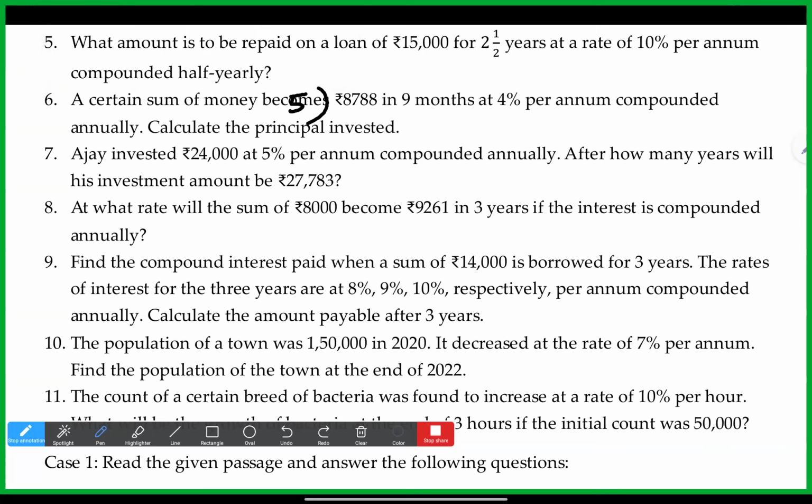So, Ishwa, what amount is to be repaid on a loan of 15,000? So the starting value is P, which is 15,000, for 2.5 years, which means N. Actually, here you should understand one thing: this is a new model. They said 10% per annum only, but compounded what? After compounded, what is given?